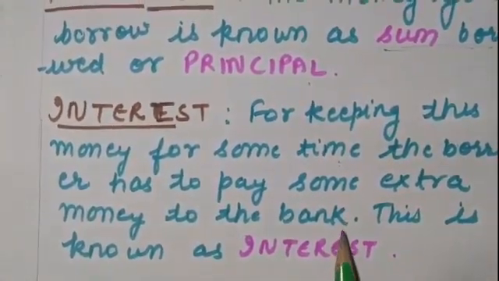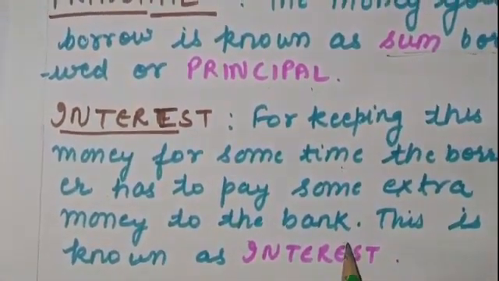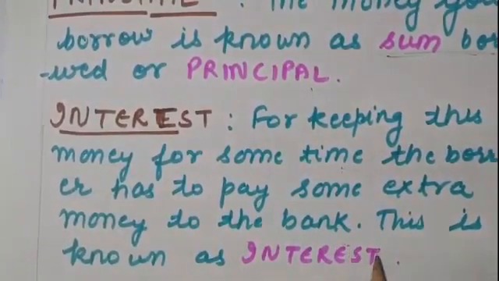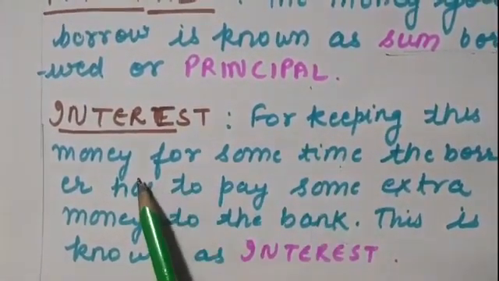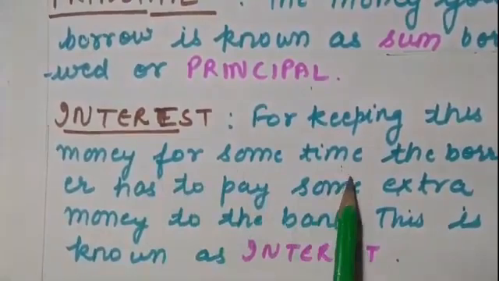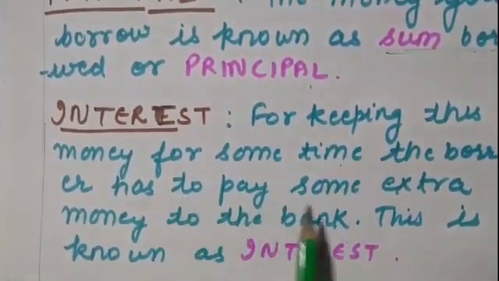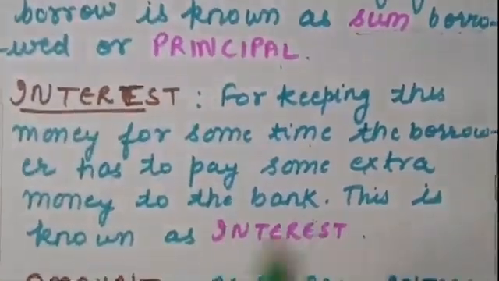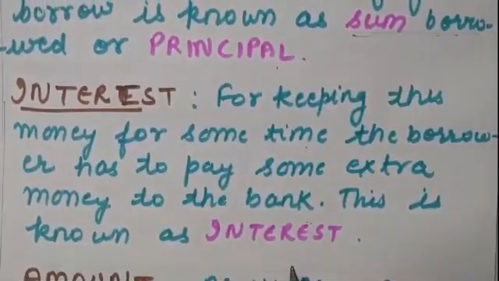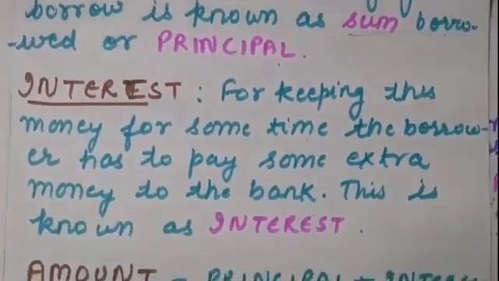Suppose you have borrowed a loan from the bank, then for keeping the money for some time, the borrower has to pay some extra money to the bank, and that extra money is known as interest.